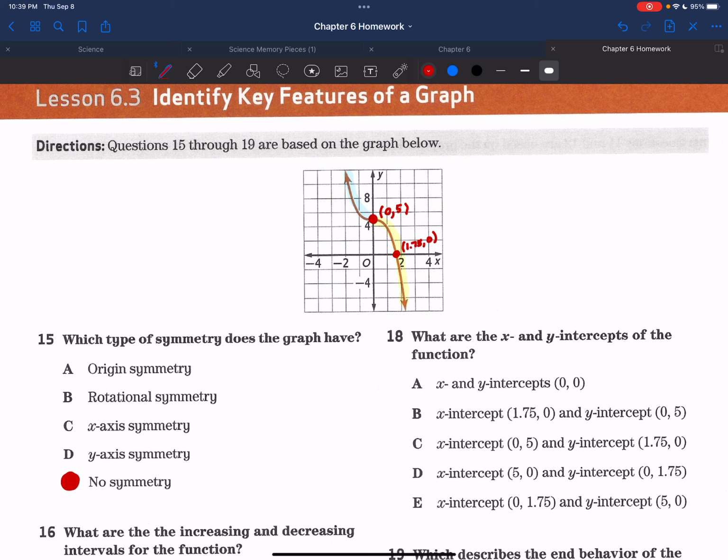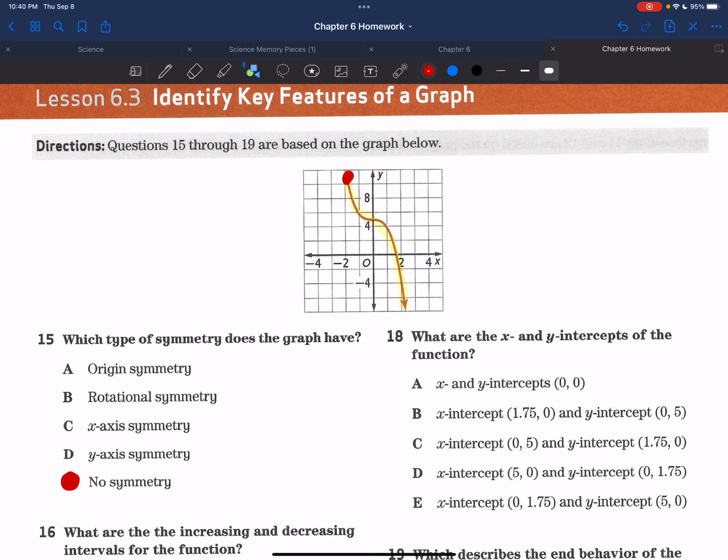Because it is, let me erase what I have here. I'm a little bit concerned about this area right there, but I believe even that is decreasing. So, in other words, the function is decreasing all the way down. No matter what the x value, the function is in a decline.